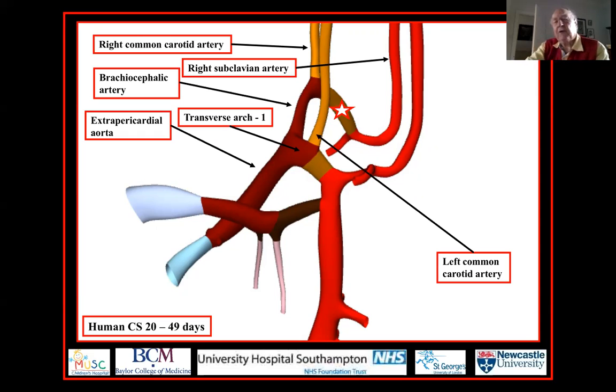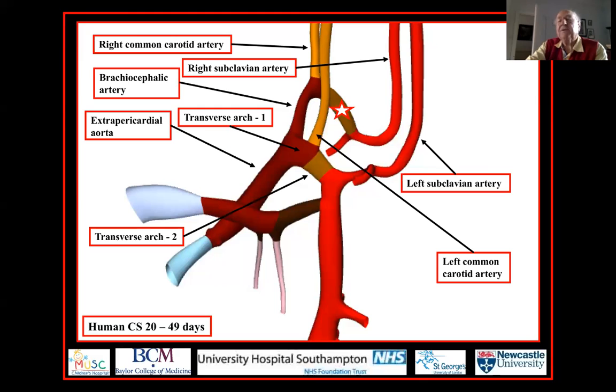And that is giving rise to the left 3rd arch artery, which we can now call the left common carotid artery. We then have a small part of the left fourth arch artery, and that is forming now the second component of the transverse arch. But here is the key point.